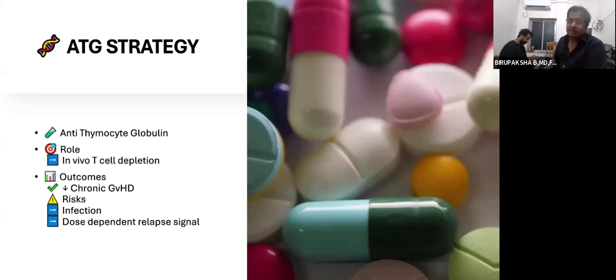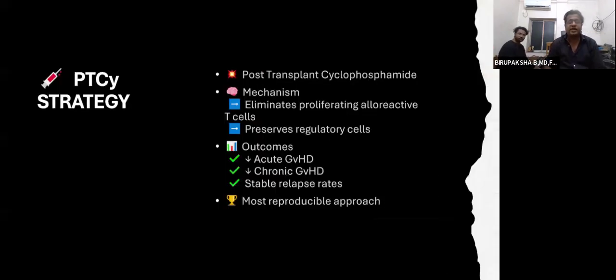Same goes for cyclophosphamide. I have said this a long time back, that cyclophosphamide was given during the conditioning phase to the recipient, so that it creates a blank space. That is a standard procedure for allogeneic stem cell transplant.